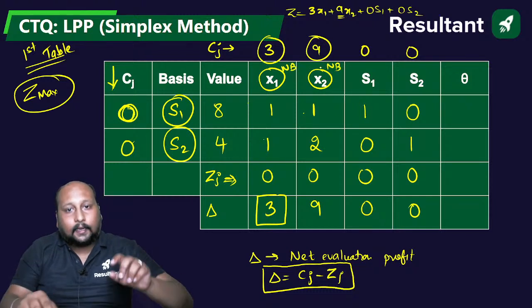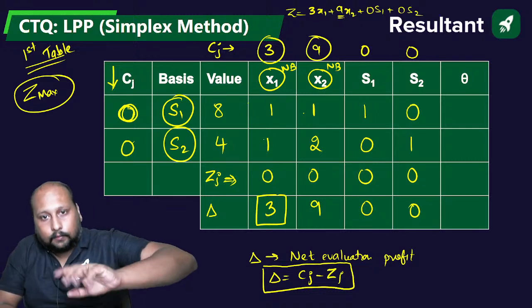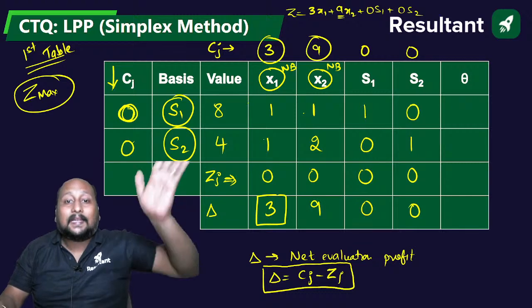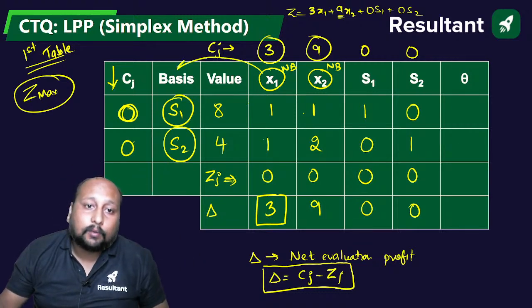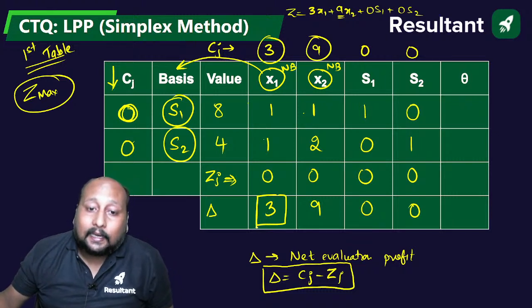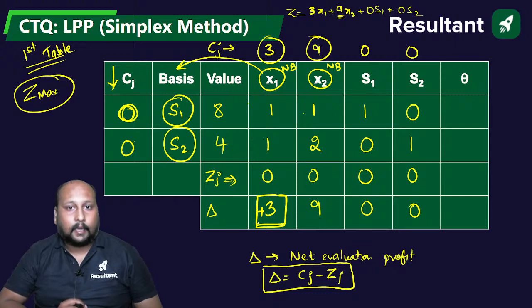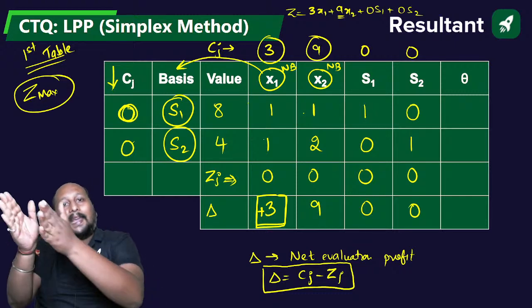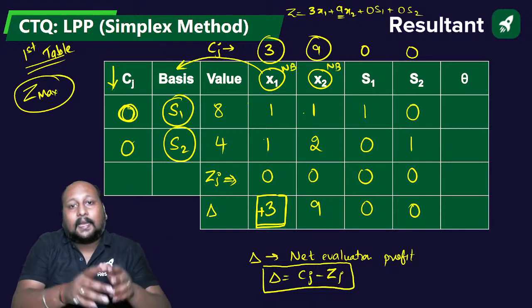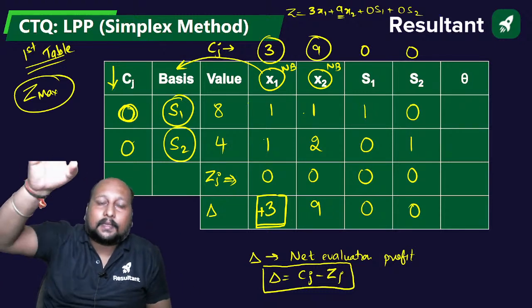So it is saying that if x1, which is a non-basic variable for this particular solution, becomes a basic variable, if it goes into the solution, then my z value will be increased by 3. Are you able to understand? If I convert x1 from non-basic to basic, then my z value will be increased by 3.